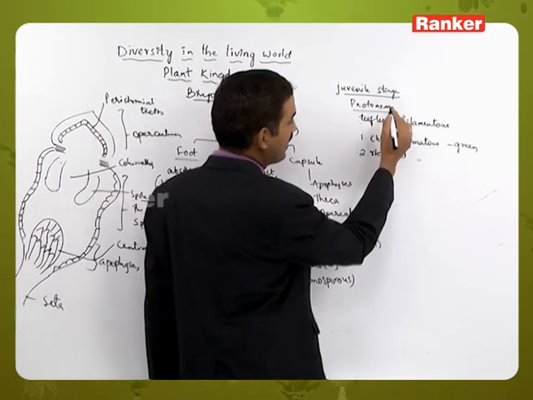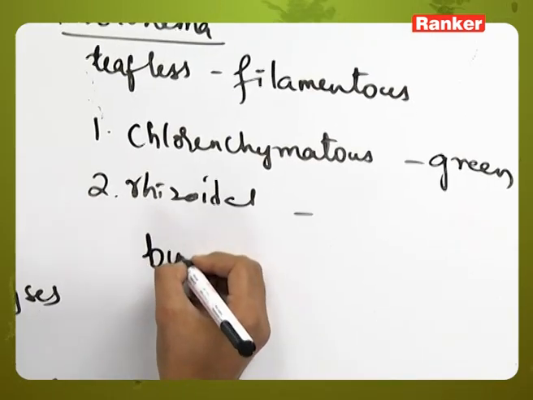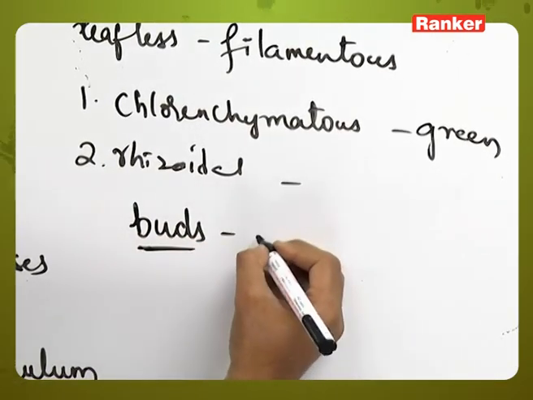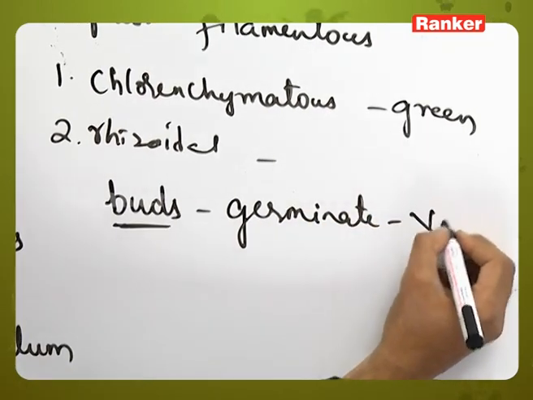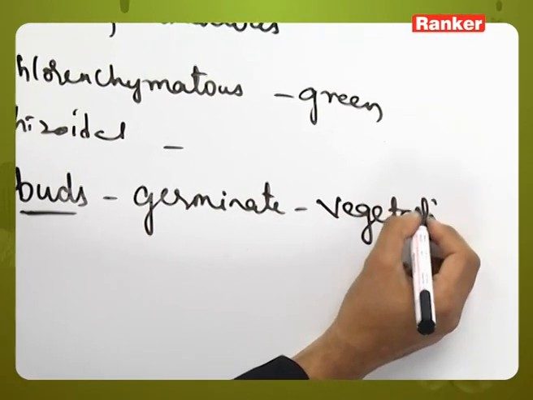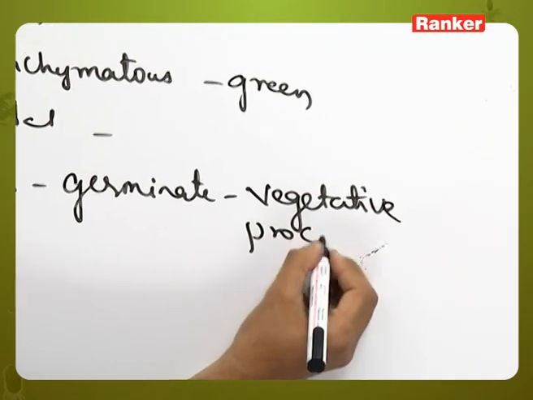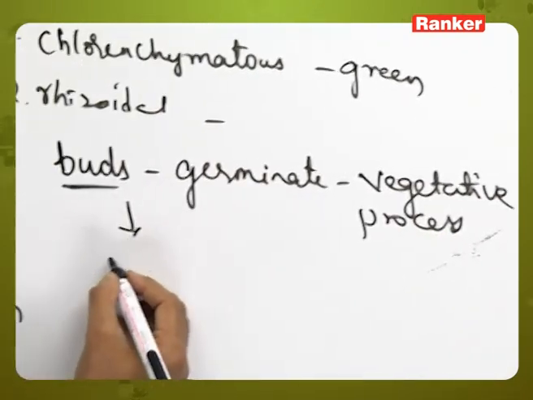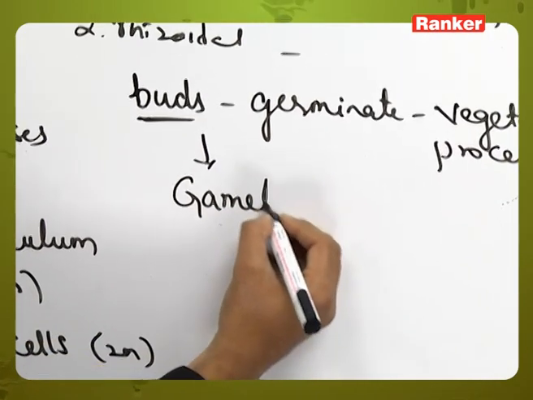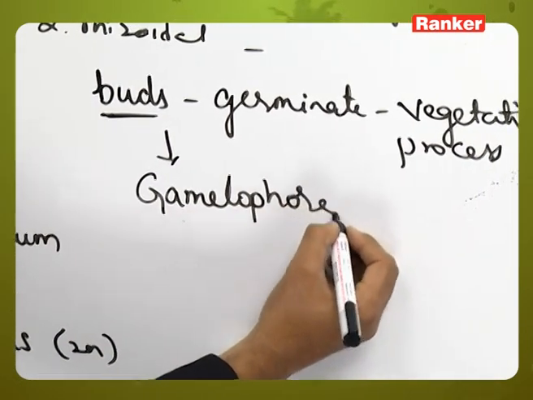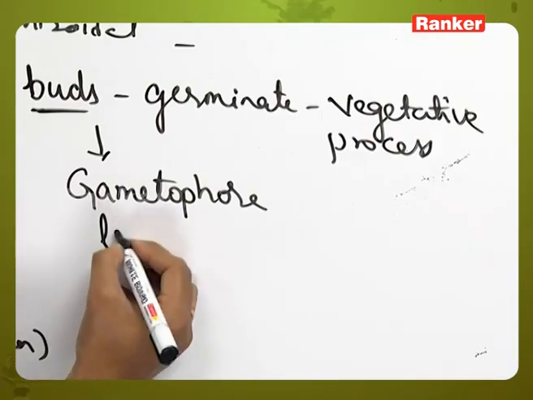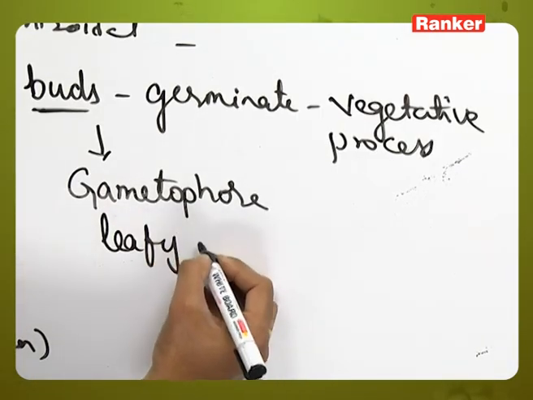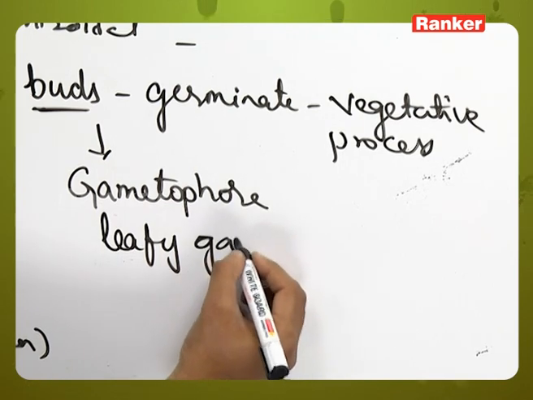Here this protonema which is formed will produce buds on it, and these buds, when they germinate by vegetative reproduction, will give rise to the gametophore, which is considered to be the actual dominant gametophytic generation, having the leafy gametophyte stage.